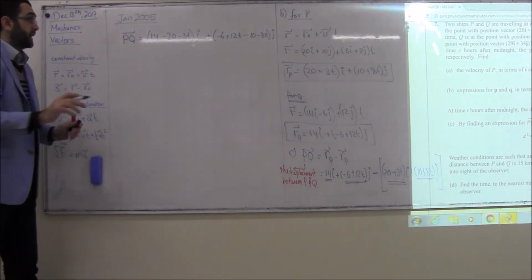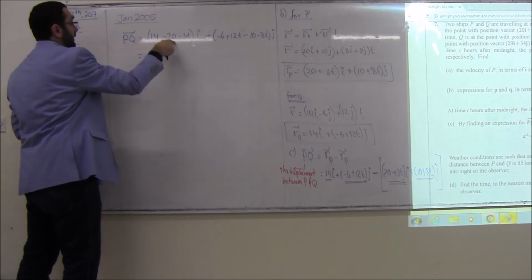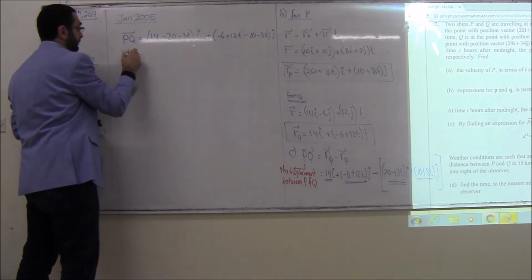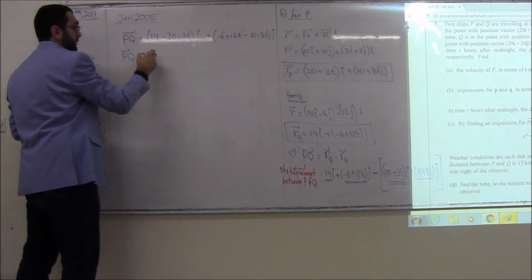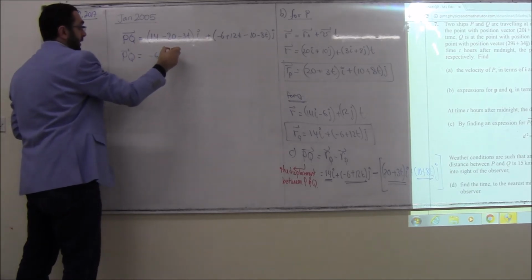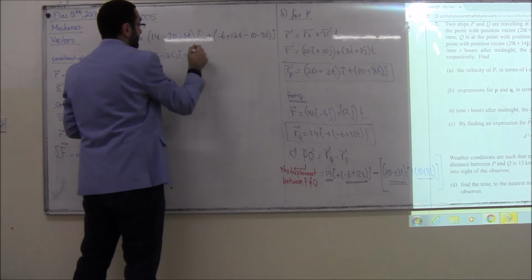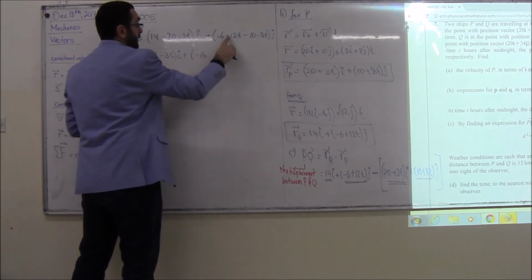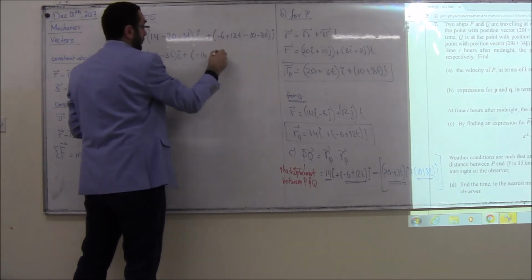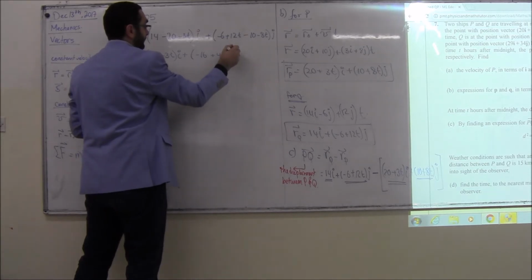Clear? Now 14 minus 20 is negative 6, so (minus 6 minus 3T)I, plus (minus 6 minus 10, which is minus 16, plus 12T minus 8T, which is 4T)J.